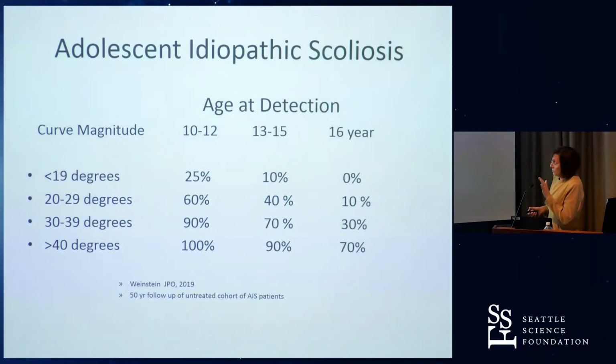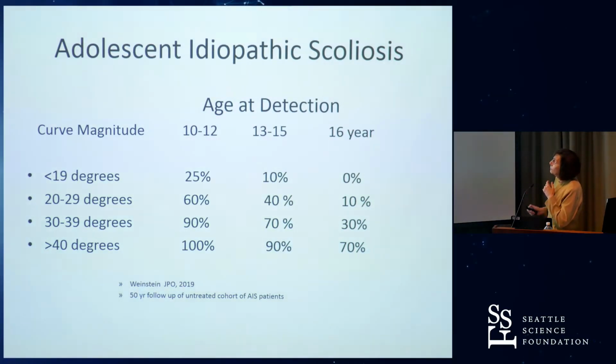His study, which was revised with the 50-year follow-up in 2019, speaks again that if you have a small curve but you have a lot of growth remaining, the likelihood of your curve getting bigger is profound. If you are older, your risk of that curve getting bigger is less, but if the curve is large, you still have a meaningful risk.